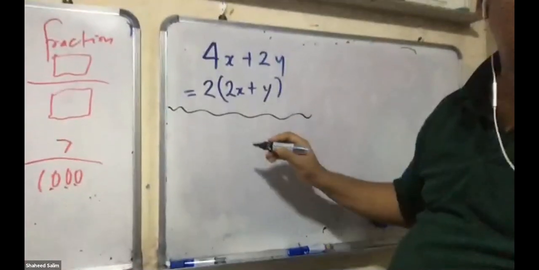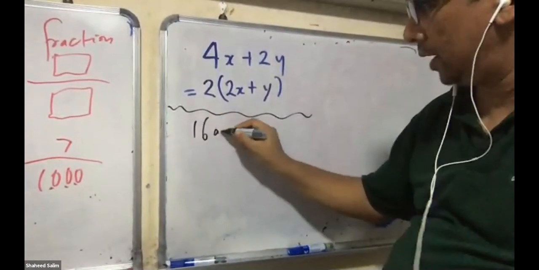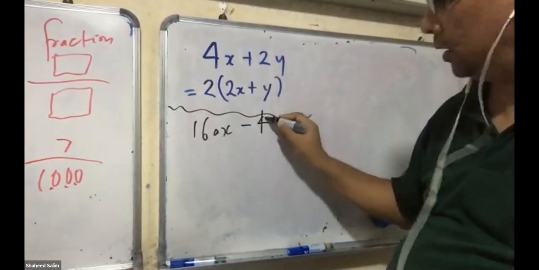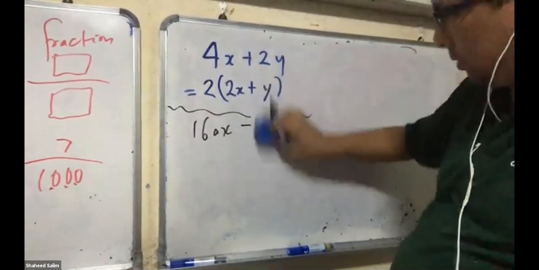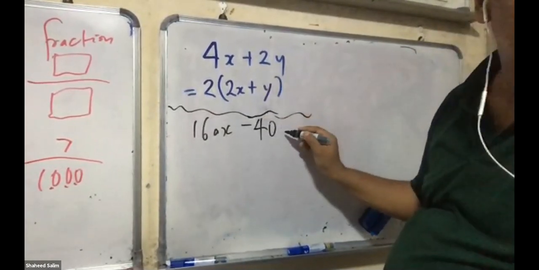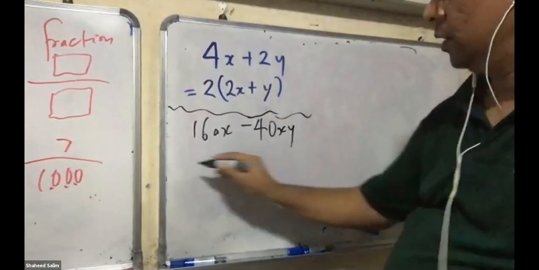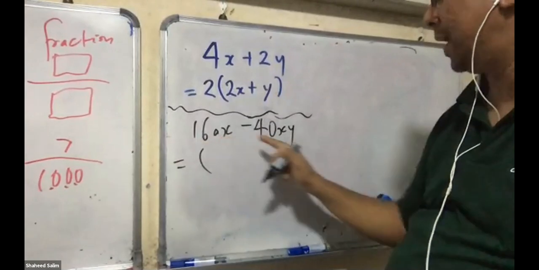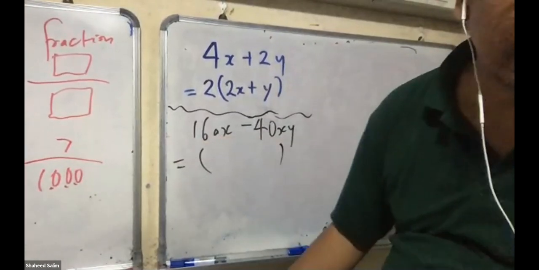Here we go. 16ax minus 40xy. Do you see any similarities? Let's look at the letters, it's easier. Any of the letters the same?